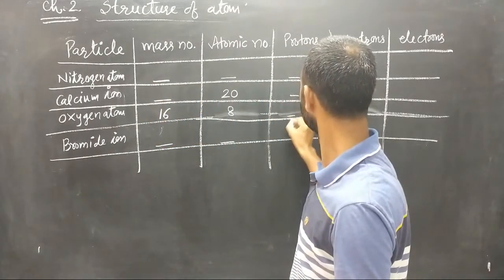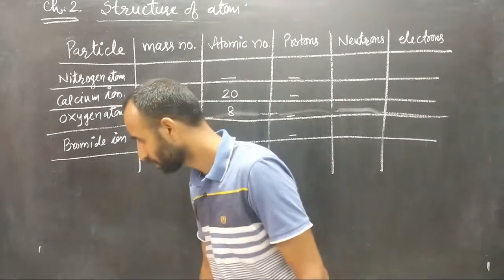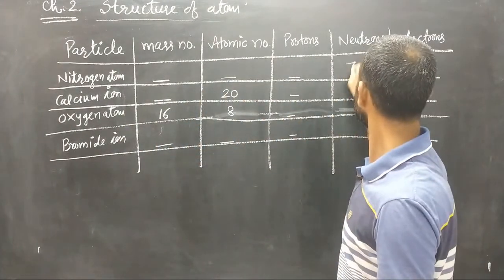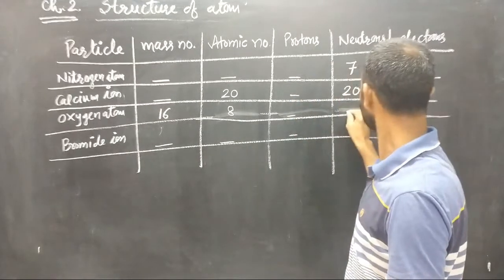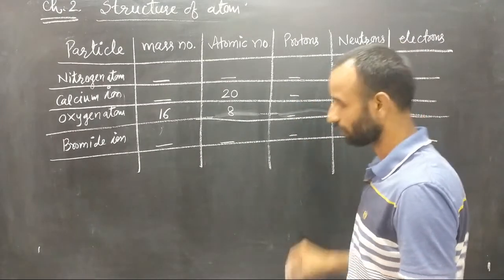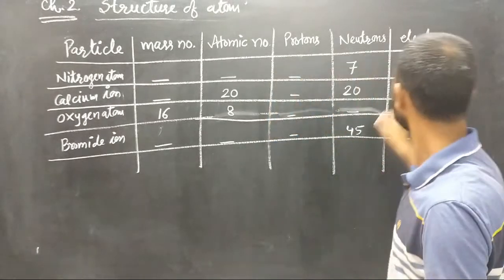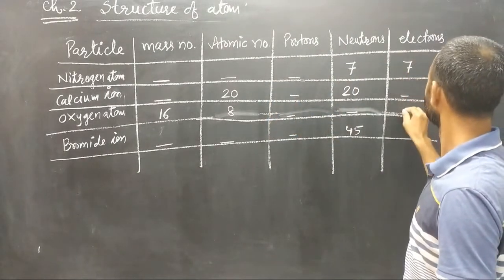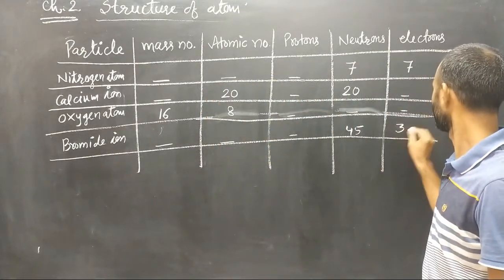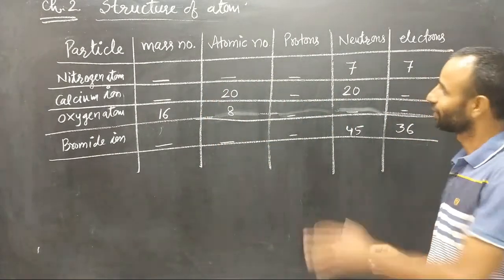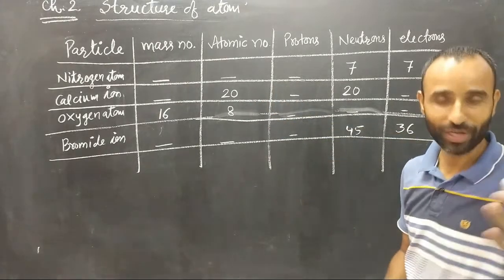Protons you have to fill 7, 20. Here you have to fill 45. Electrons 7, 36. So fill it. It is your task.